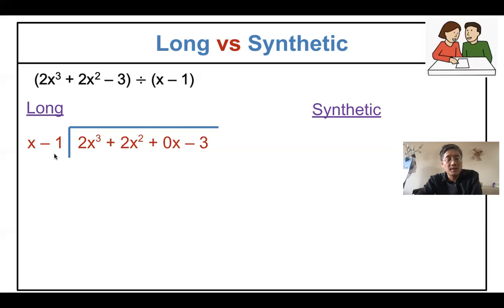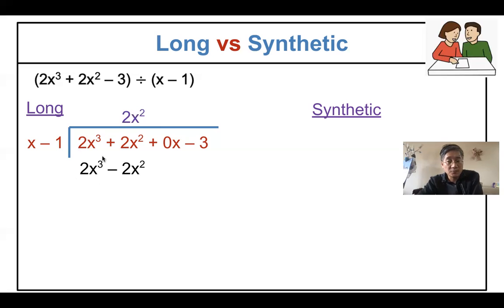Now, when you divide, x times what is 2x cubed, right? So what is it? 2x squared. So you write down x times 2x squared, 2x cubed, followed by negative 1 times 2x squared, which is negative 2x squared. And then what do we do?